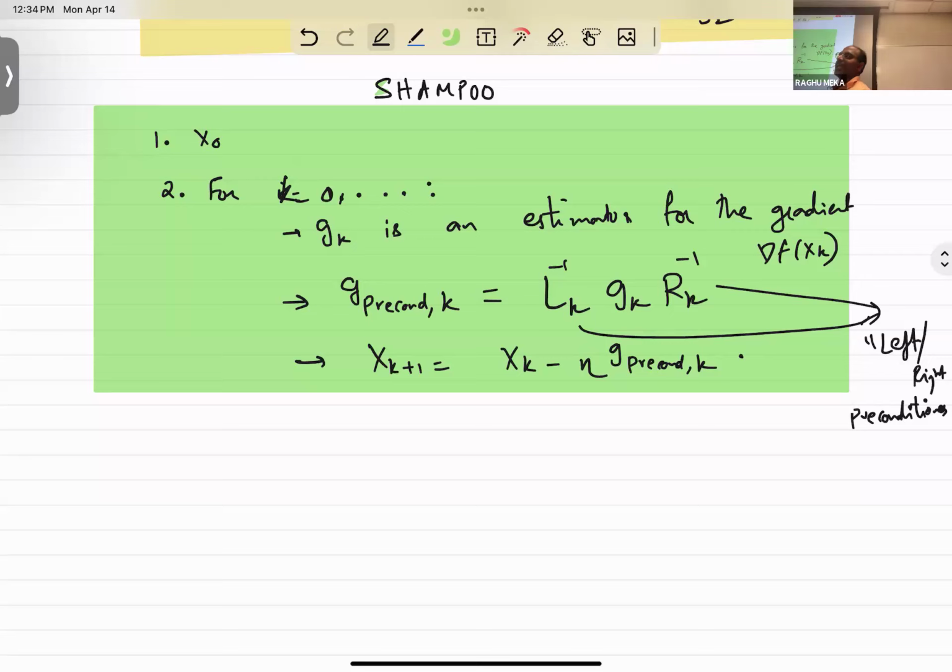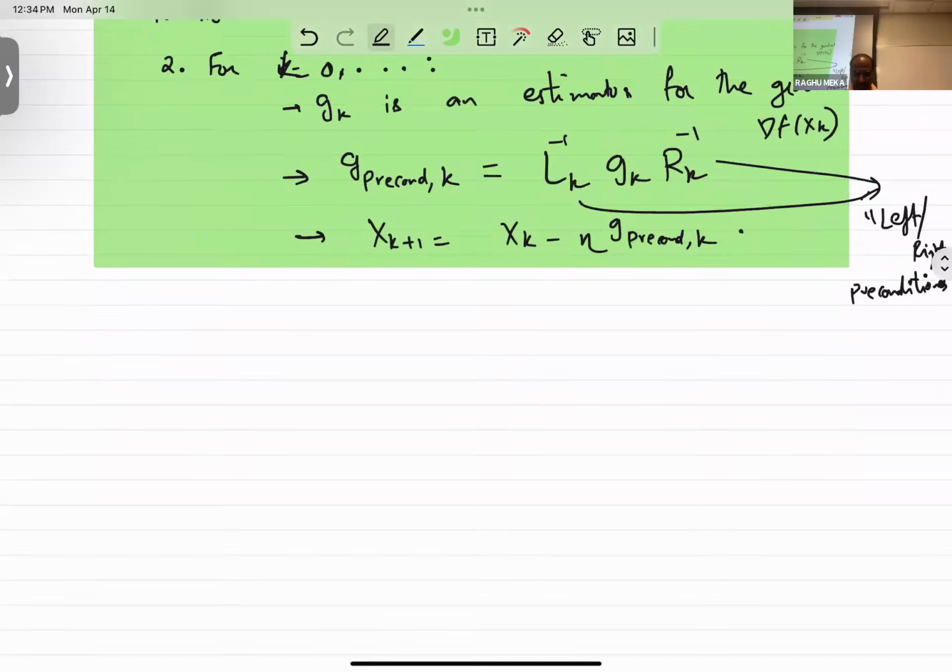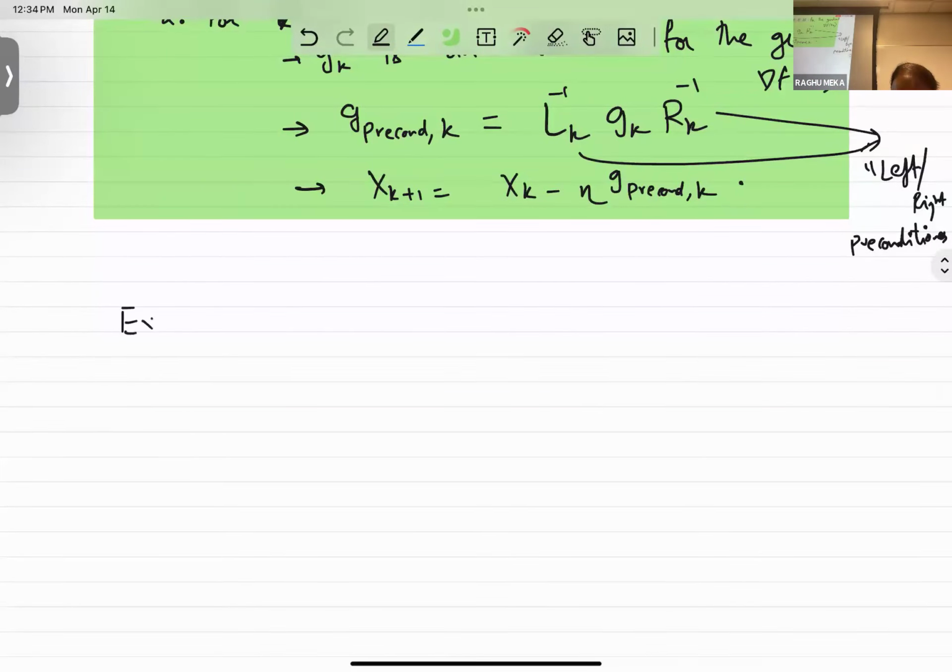So they are changing how we are updating with the gradient. Right now it's more like a meta algorithm. I haven't told you how to compute L_k and R_k. So let's say I want to capture AdaGrad here. What can I do?